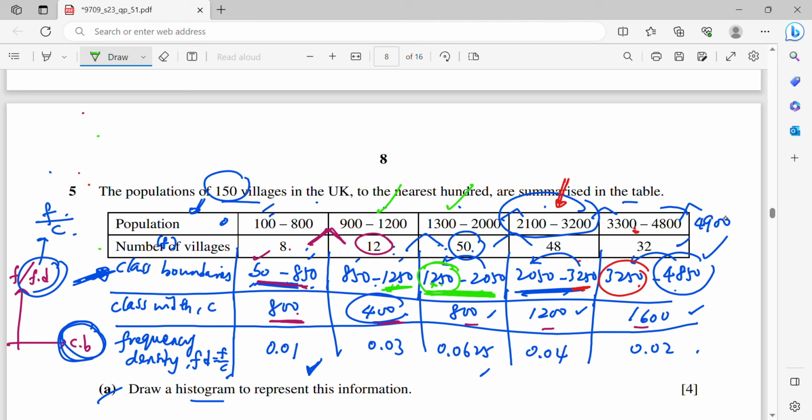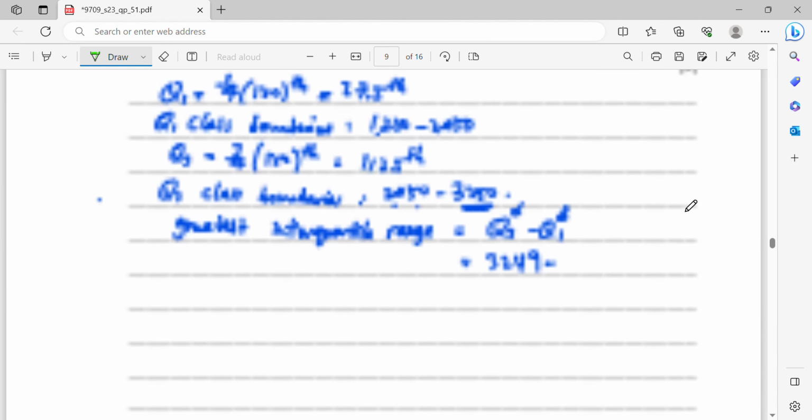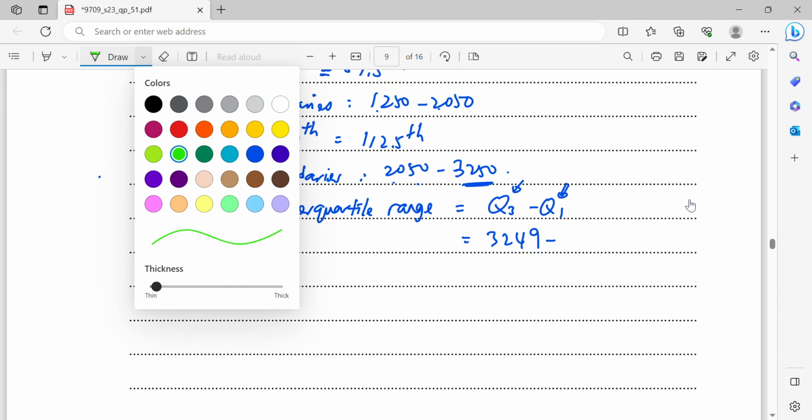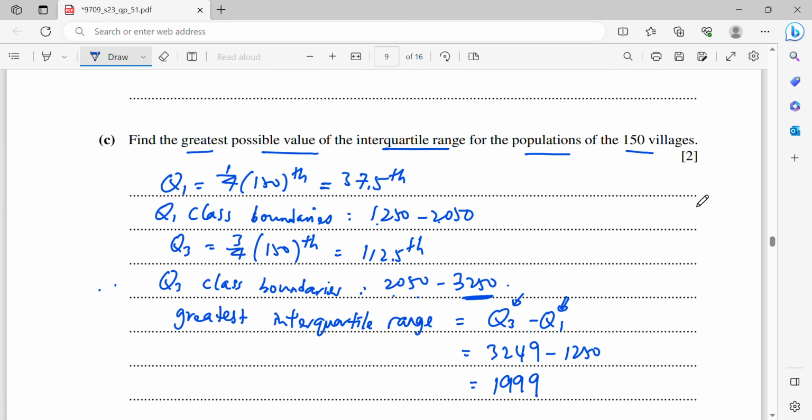So that's why I have to take minus 1250, so it will not be in the second class. Therefore from here you will be getting 1999. So that will be the greatest interquartile range.